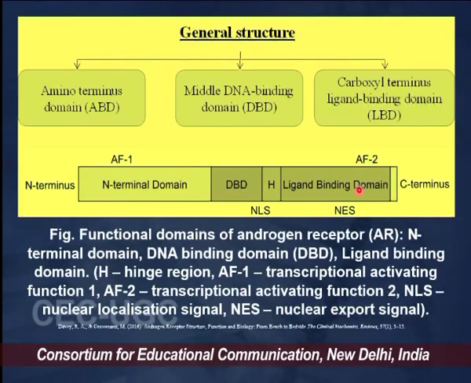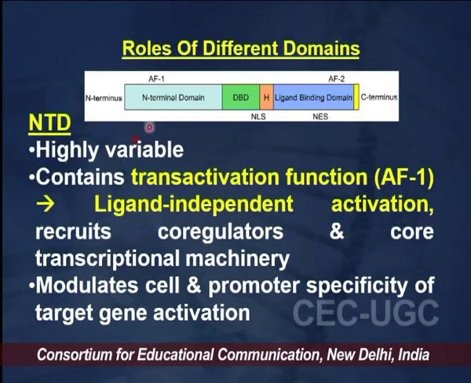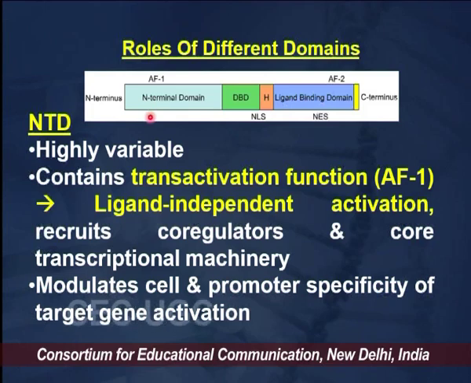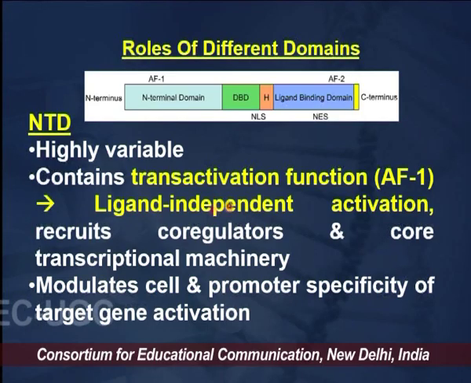So, let us see the function of the first domain, which is the N-terminal domain. As you can see, it lies towards the N-terminal. This domain is highly variable in all the steroid hormone receptors. Here you can see that this NTD contains AF1, that is transactivation function 1. This AF1 is responsible for ligand independent activation.